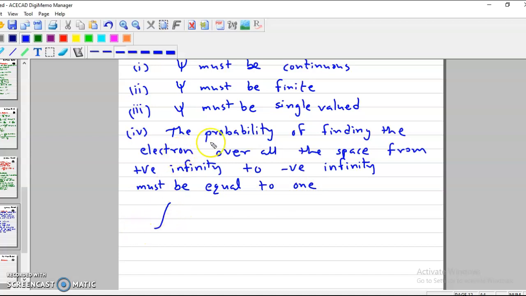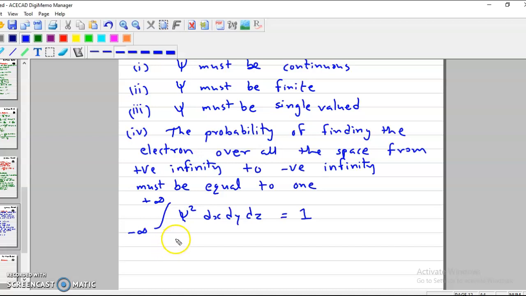So mathematically we write this condition like this, that it is the limit of negative infinity to positive infinity of psi square in three coordinates dx dy dz is equal to 1. That means there is equal probability in all directions to find the electron.